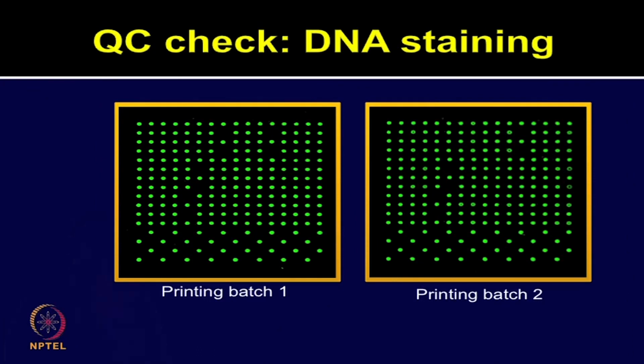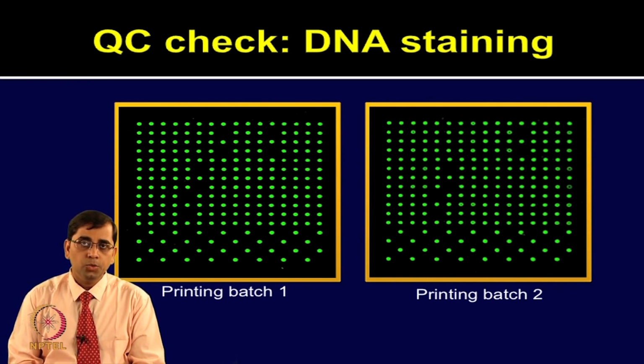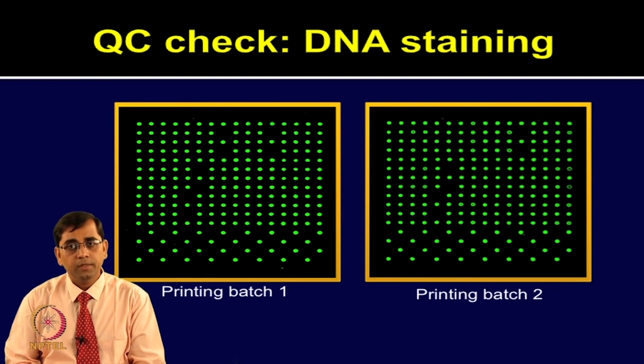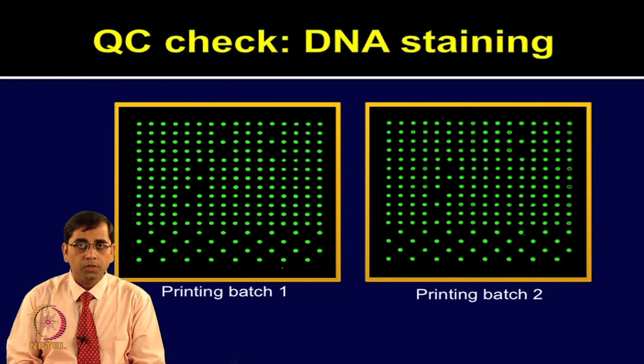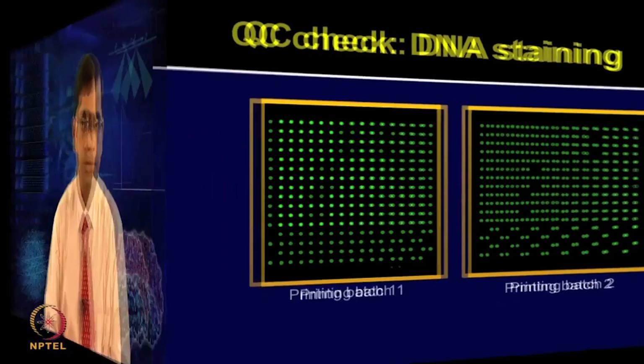If you are printing 200 slides, 100 in batch 1 and 100 in batch 2, then you need to ensure that both the batches can be used for the same experiment and that the data is comparable. So, batch to batch variability in printing must be minimized for both DNA staining as well as the protein expression.